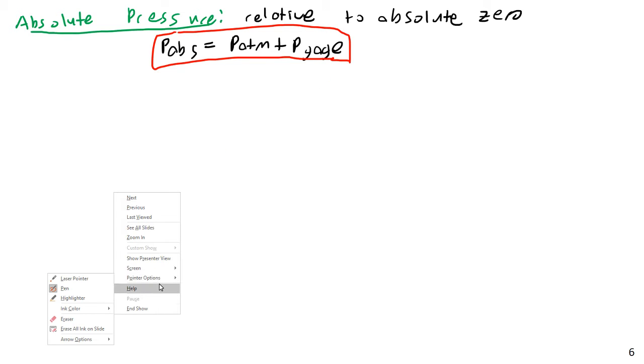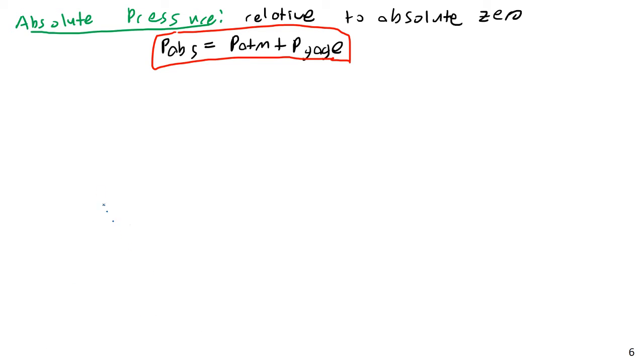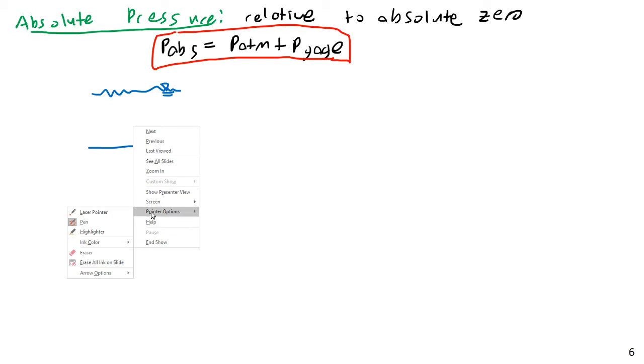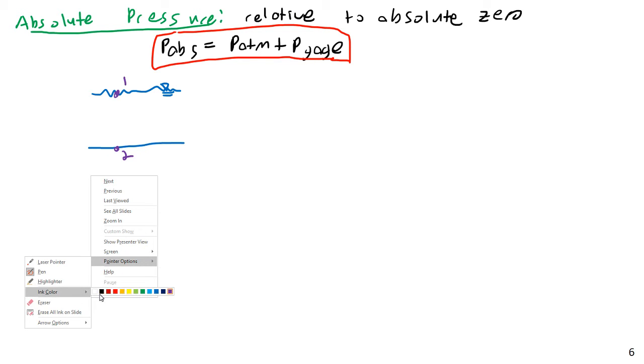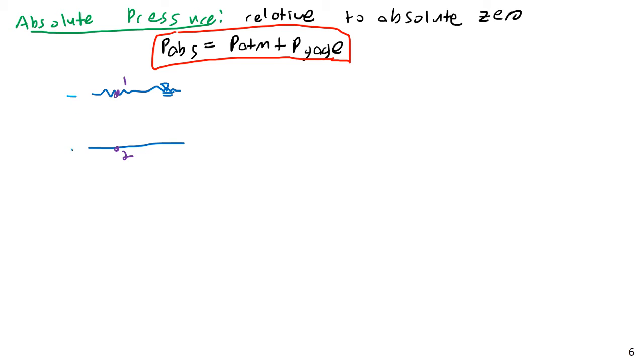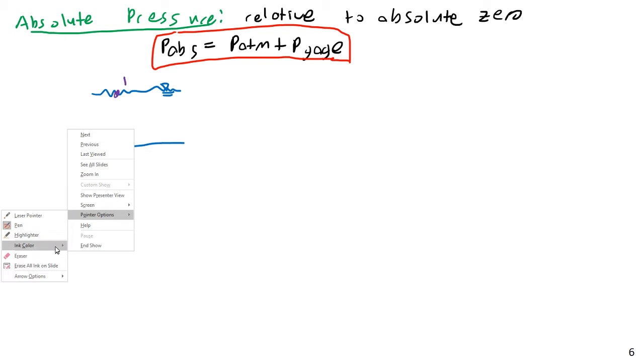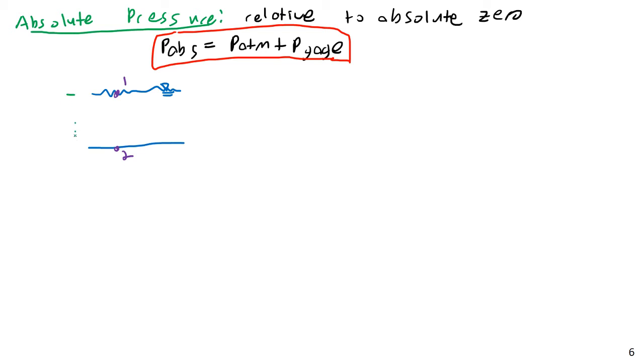If I have a column of fluid, or just a depth of fluid, with a surface here, and I'm going to have points 1 and 2, so point 1 at a free surface, 1 and 2 separated by height h, with, I like using green for my dimensions, separated by height h.